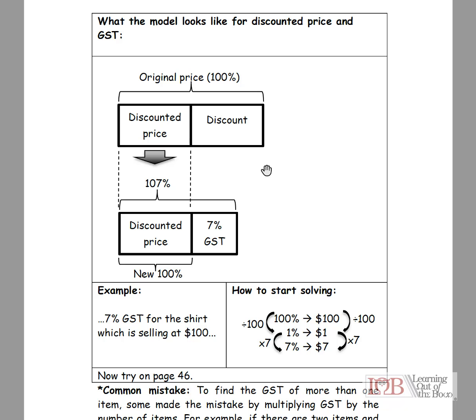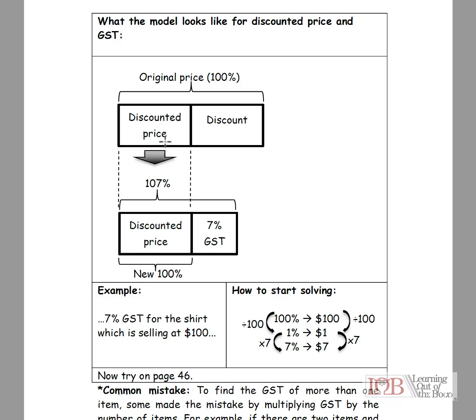So what about GST? Okay, GST is a bit more interesting, because you may be dealing with an old 100% as well as a new 100%. The original price is always 100%. Let's say you go to a shop and you want to buy something, and what you see is 100%.